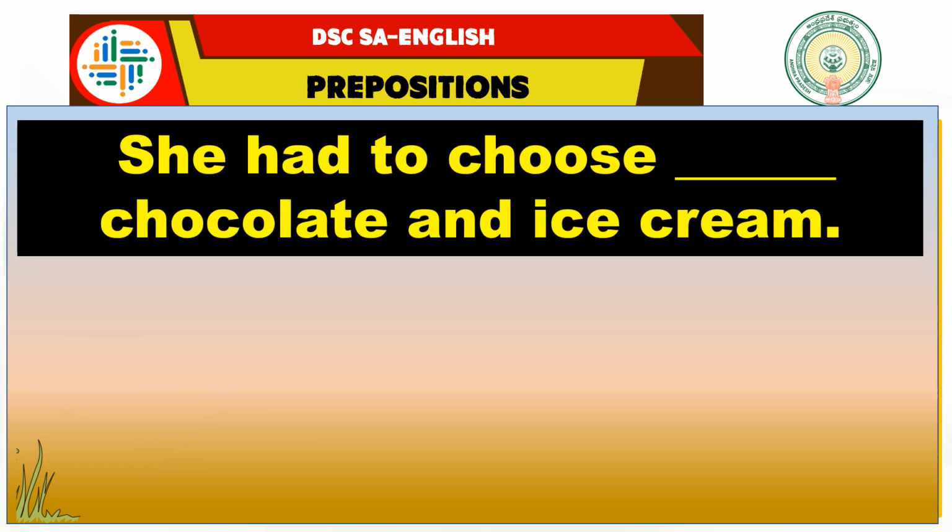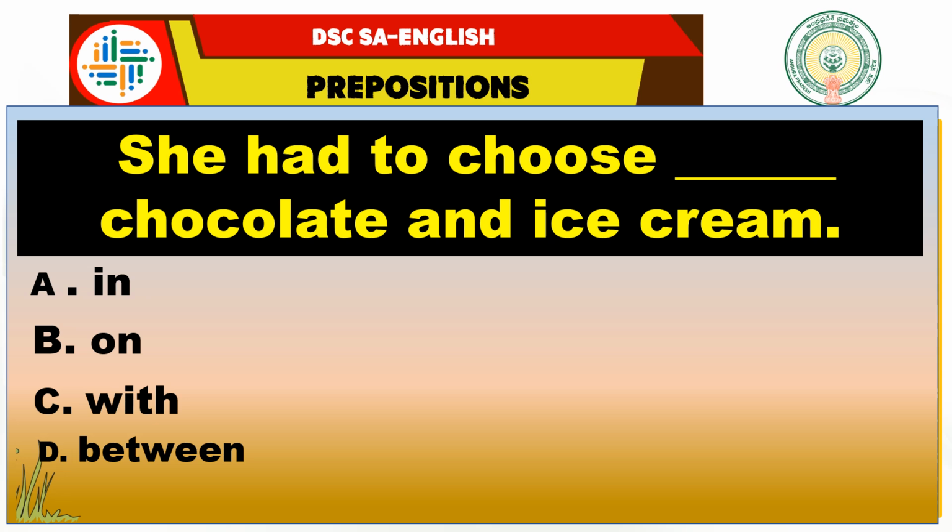"She had to choose dash chocolate and ice cream." So is it in, on, with, or between? You know the rule that it's always between and, from, to. So the correct option is choose between chocolate and ice cream. So the option is D.